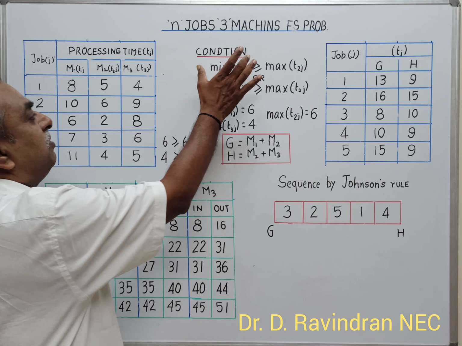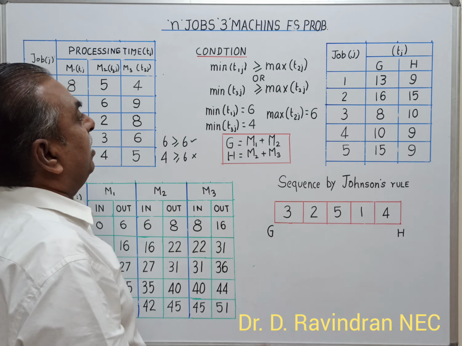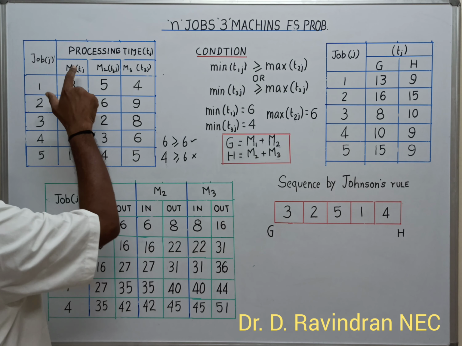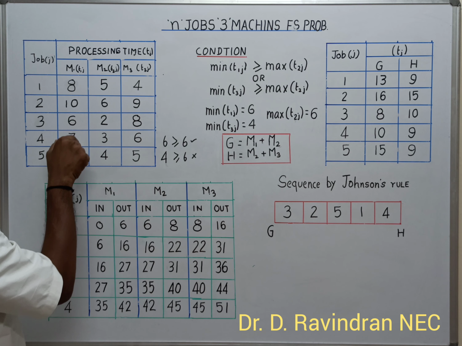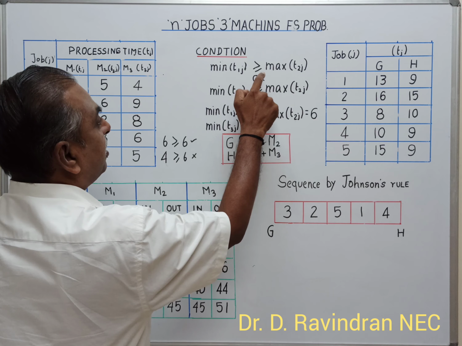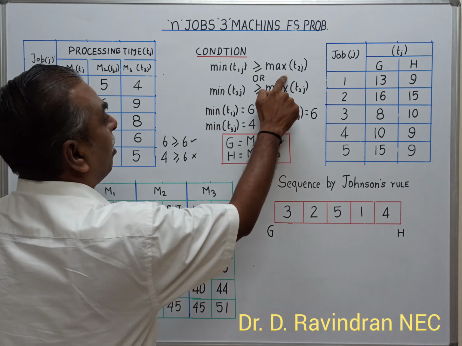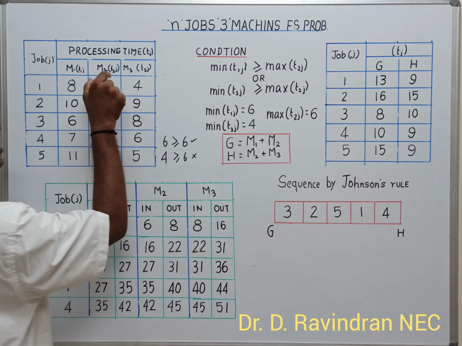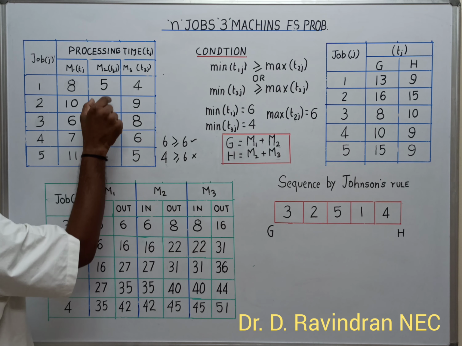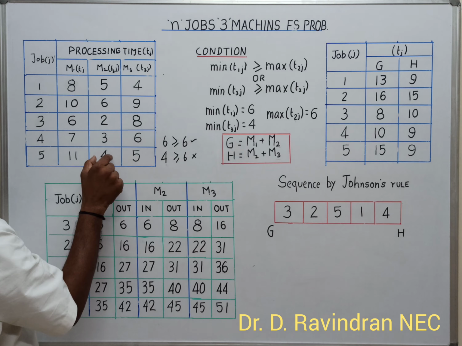Now what is the condition we have to find out? It means minimum of T1J. That means in the T1J, among all the 5 jobs you have to find the minimum. That should be greater than or equal to maximum of T2J. That means for the second machine, in this processing time, what is the maximum?